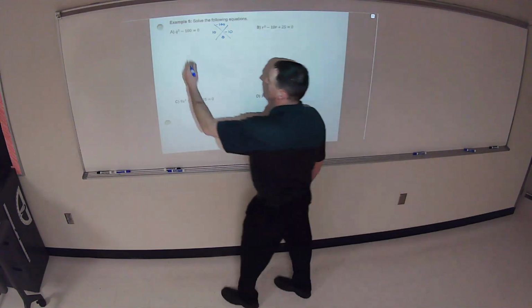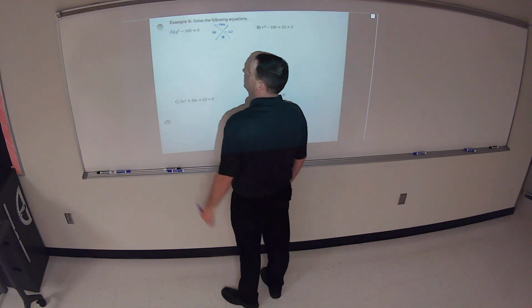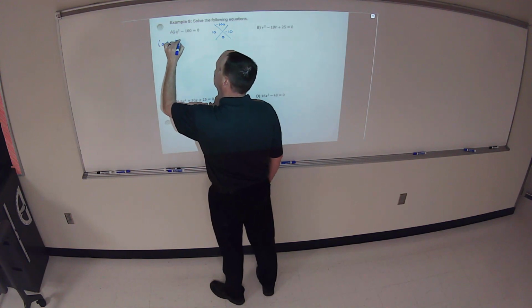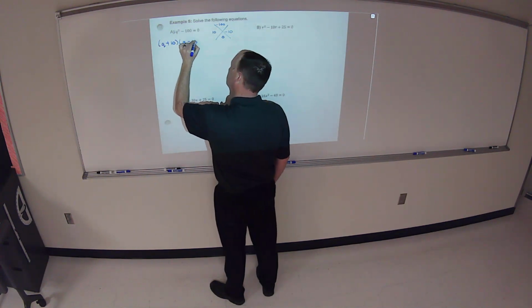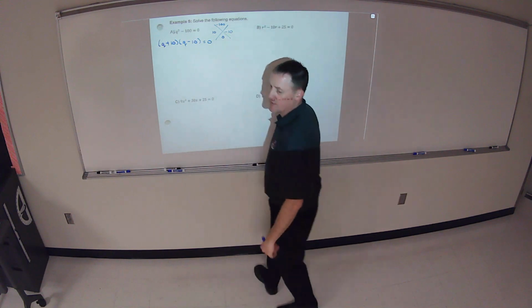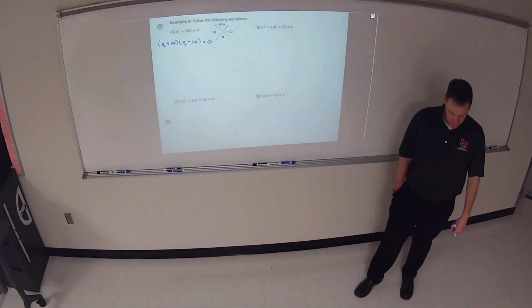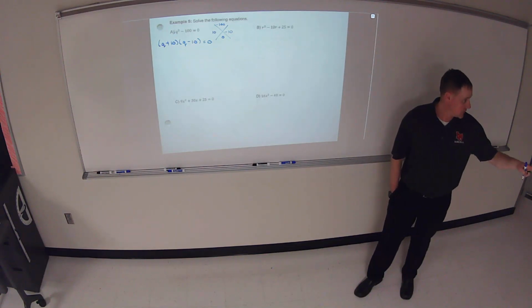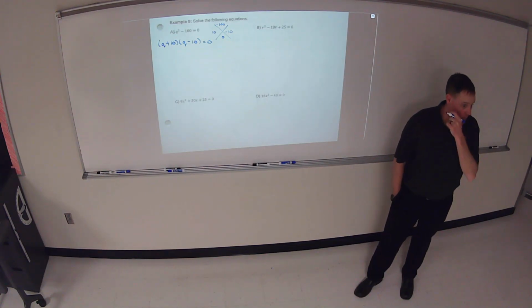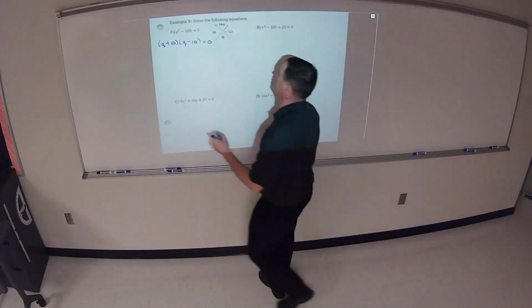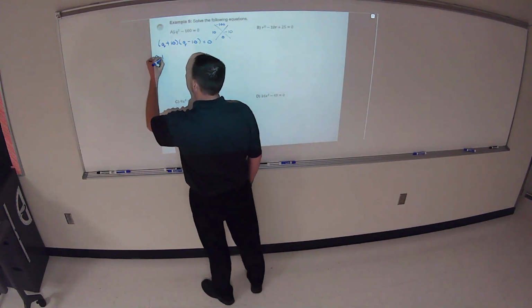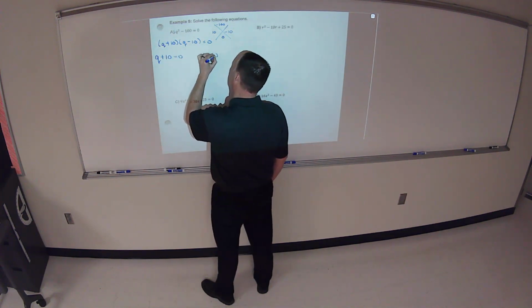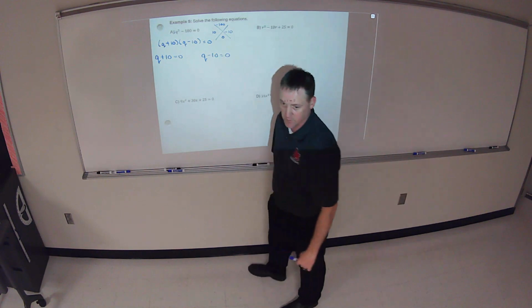Now, we had an A value that was 1 here. So as we go to factor this, this is going to be Q plus 10 times Q minus 10 equal to 0. How many answers are we going to have? 2. Why 2? Because they're different factors, ultimately. One's negative, one's positive. So now we're going to take Q plus 10 and set it equal to 0, and also take Q minus 10 and set it equal to 0.